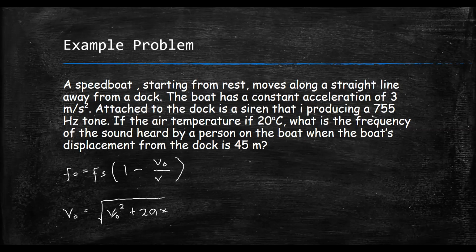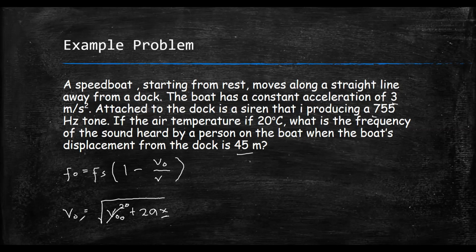So the initial velocity of our observer is 0. The acceleration of our observer is 3 meters per second squared, and he is located at 45 meters. Then we can solve now for Vo. Substituting the values for the acceleration and the displacement, we can get the value of Vo.